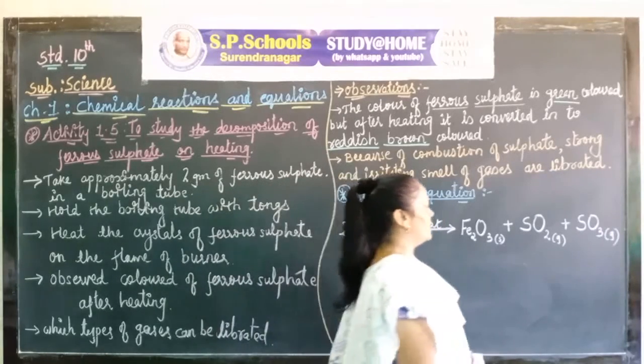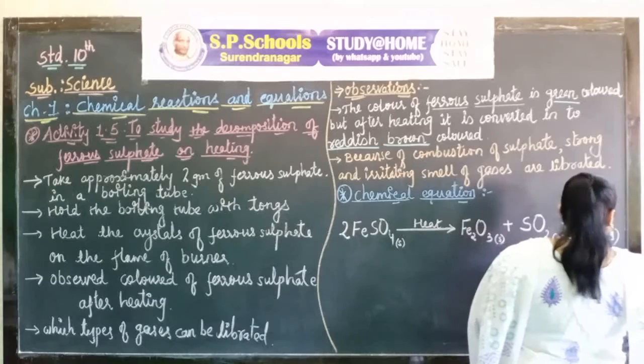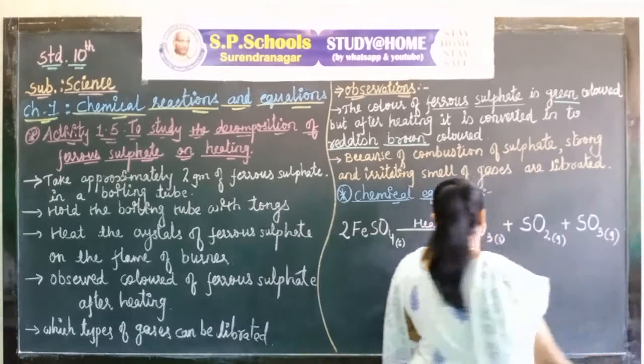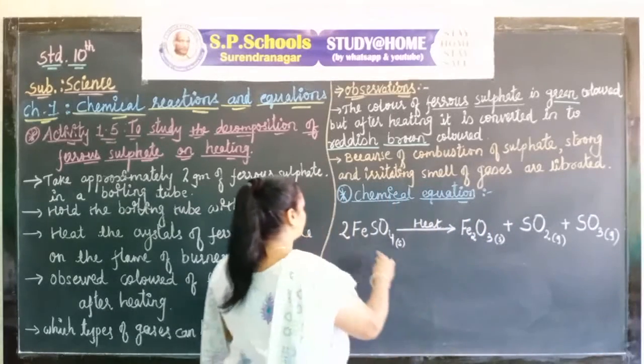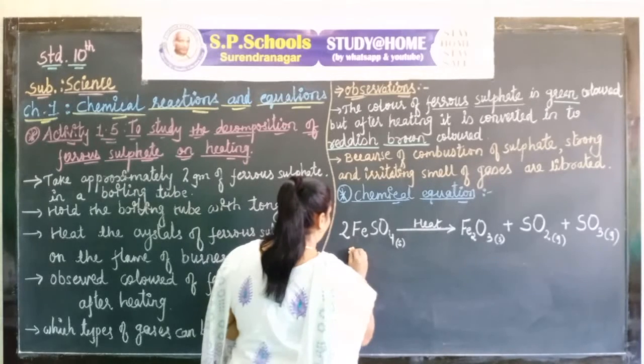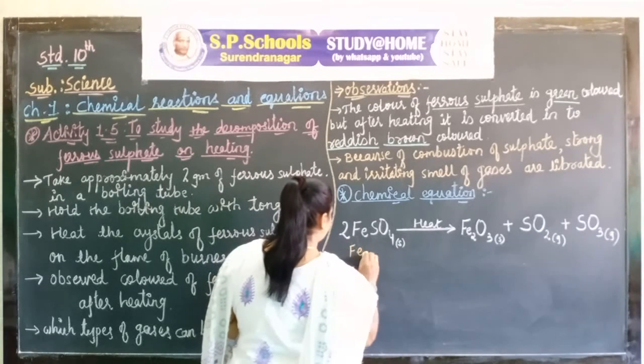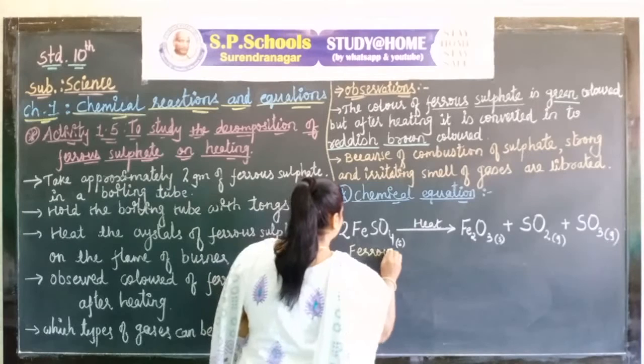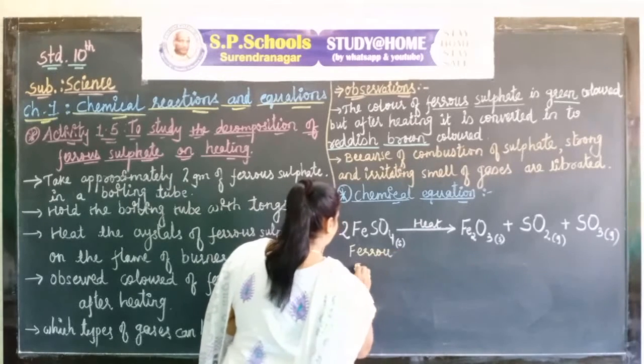Now we give the name for each. FeSO4, ferrous sulfate.